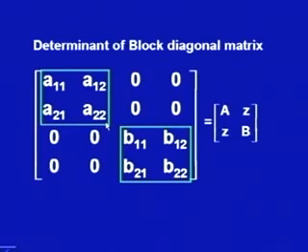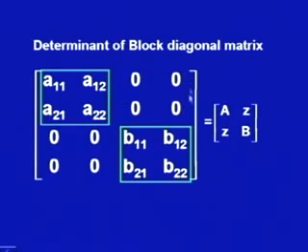But in this case I have not a singleton, but a matrix of order 2 by 2 as the B matrix. So, how can we calculate the determinant of this matrix? It may be noted that I have taken this as an example. It may happen that this is of order 3 by 3 and this is of order 2 by 2.